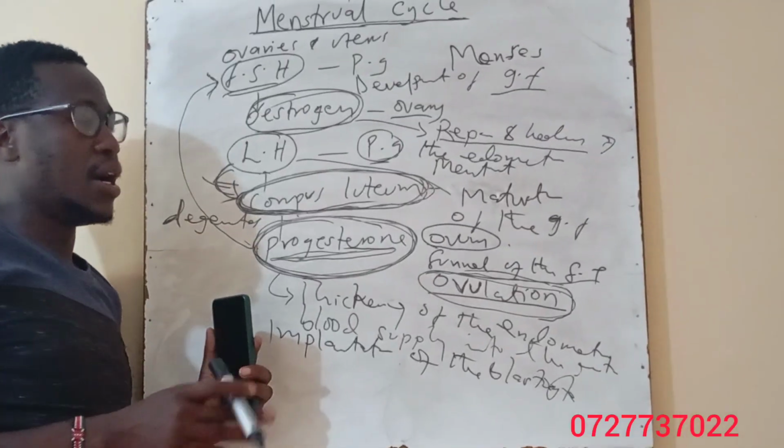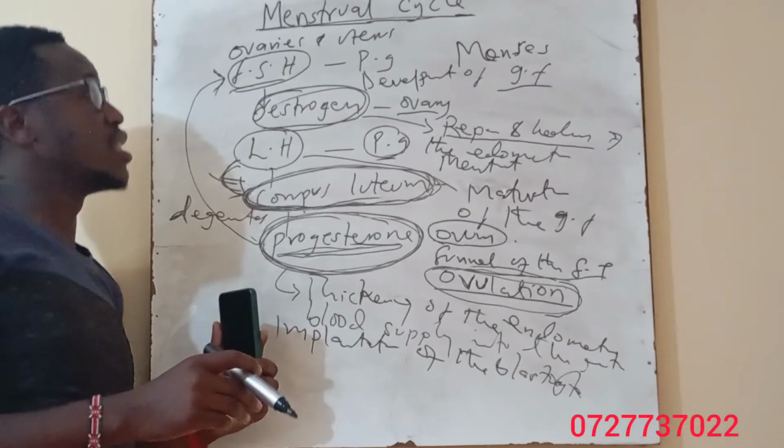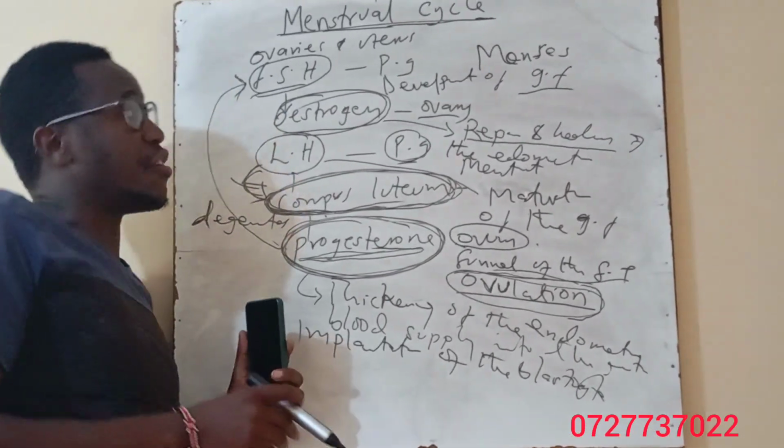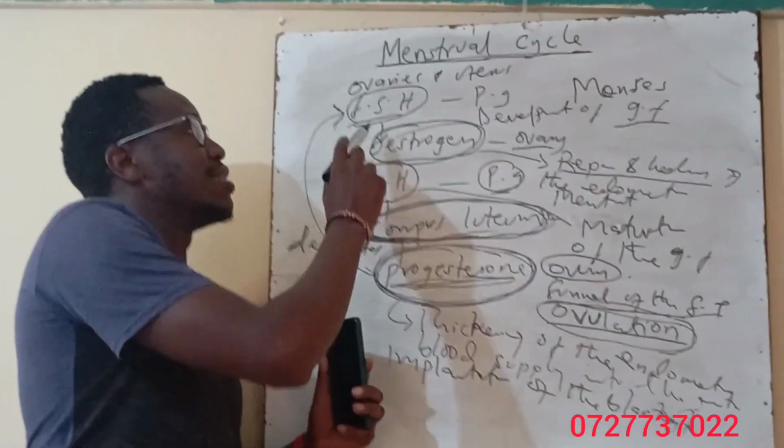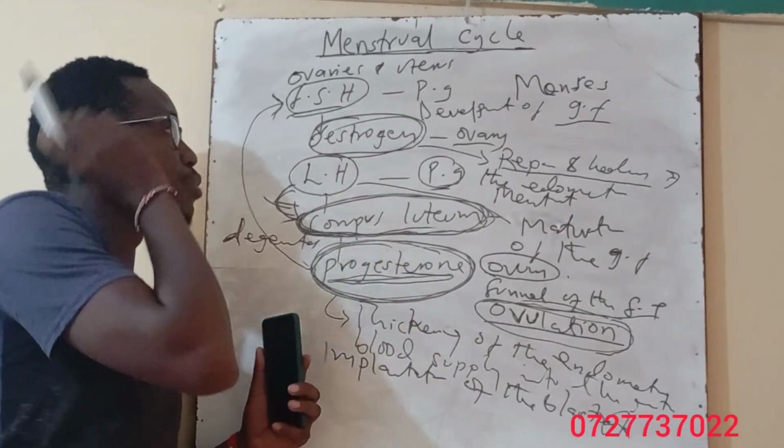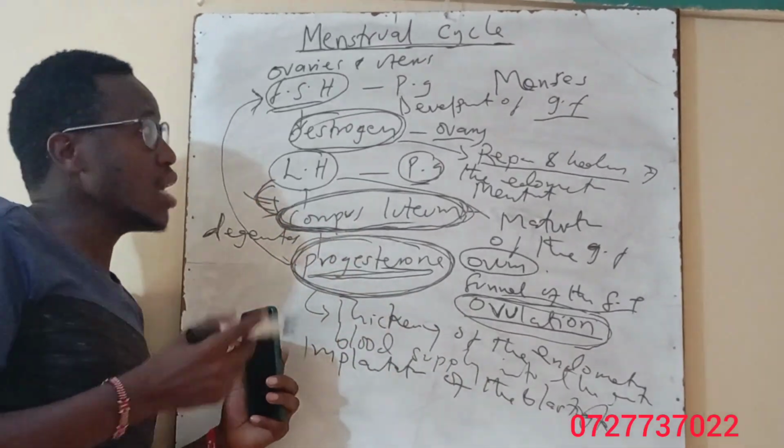After menstruation, the anterior lobe of the pituitary gland releases the follicle stimulating hormone, which has two effects.